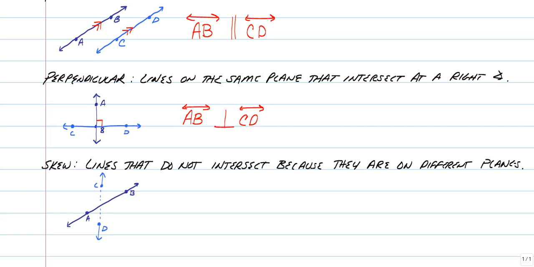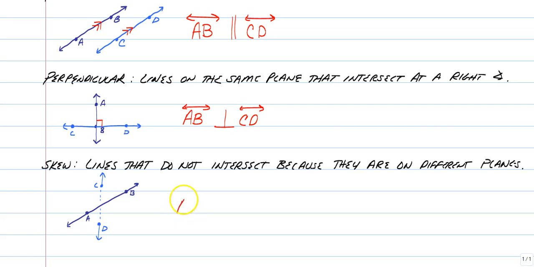So regardless of where you're watching this video, if you are indoors, if you were to just look to the wall to your right, and draw a vertical line on that wall, and then look to the wall to your left and draw a horizontal line on that wall, you have two lines that are not parallel, but they're also not intersecting, and that's because they're not even on the same plane. Okay? So that's what skew lines are.